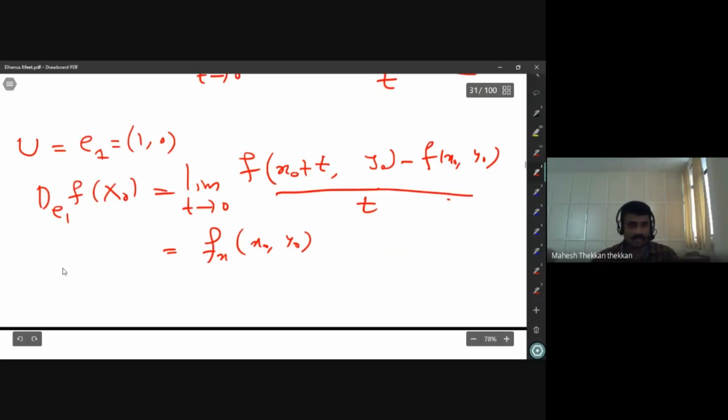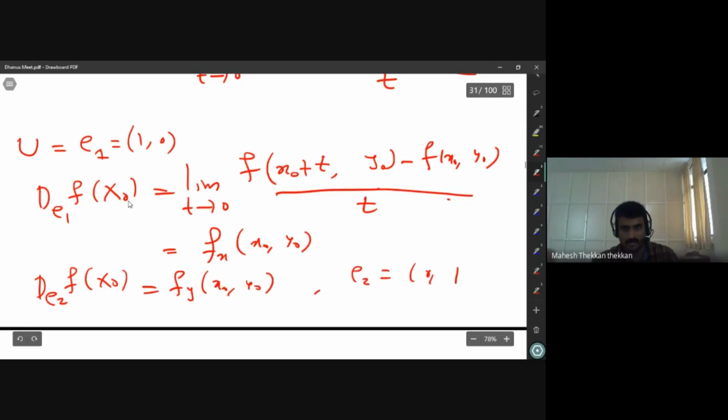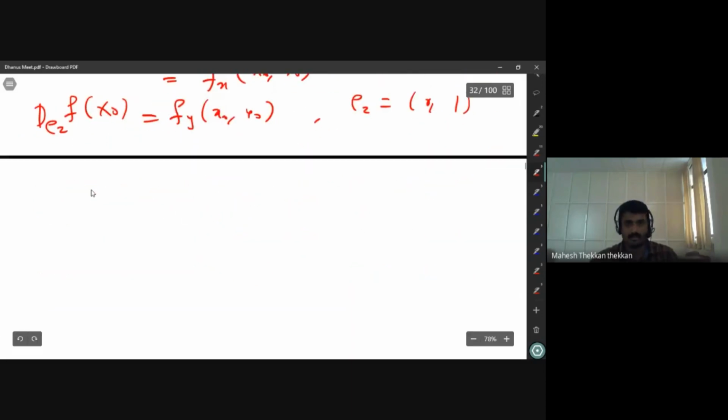Similarly, the directional derivative D_e2 of f at x0, where e2 is the vector (0, 1), is nothing but f_y at (x0, y0). So we are looking at the following. We have a point, and we look at the unit circle. This is the point (u1, u2), and we look at the derivative in the direction of (u1, u2).